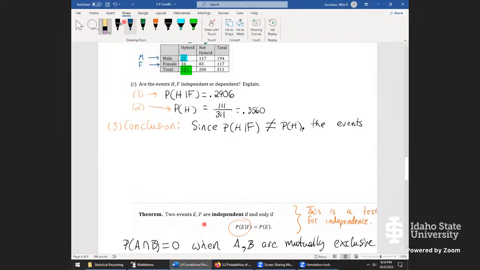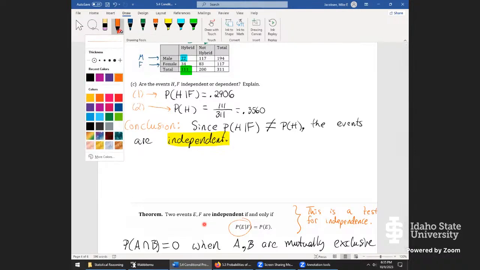So I think a good way to say this is, since probability of H given F is not equal to probability of H, the events are independent. But here's the additional information about this that I wanted to put down on paper as well.